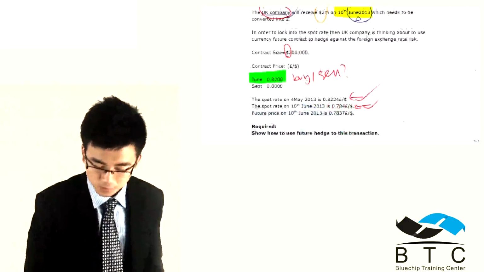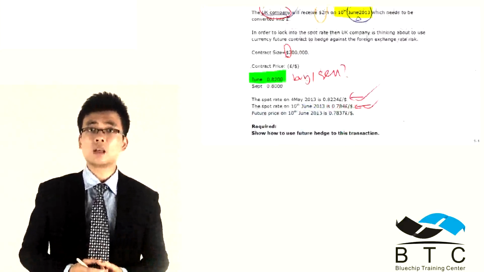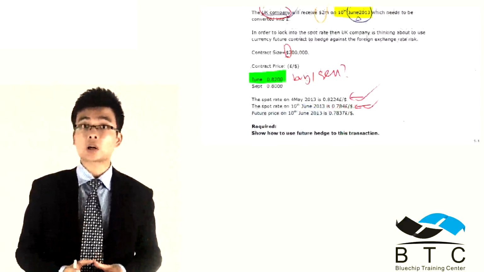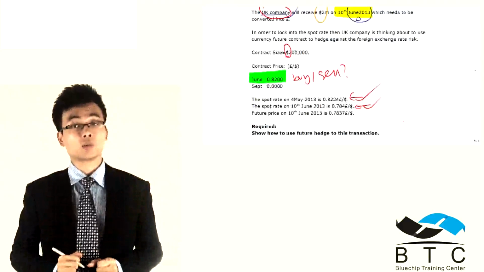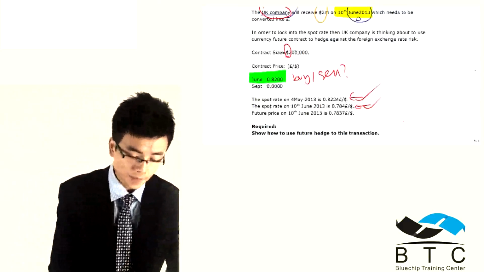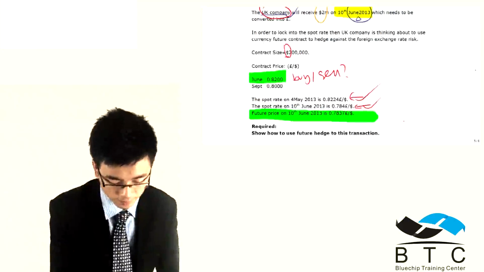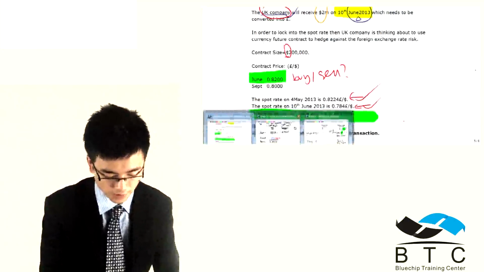Fantastic. Tick for that. Also, we are posing the question. This would not be posed as a question if you are in the real exam, but just to simplify this issue, I'm going to tell you this bit: the future price on that date is 0.7837.